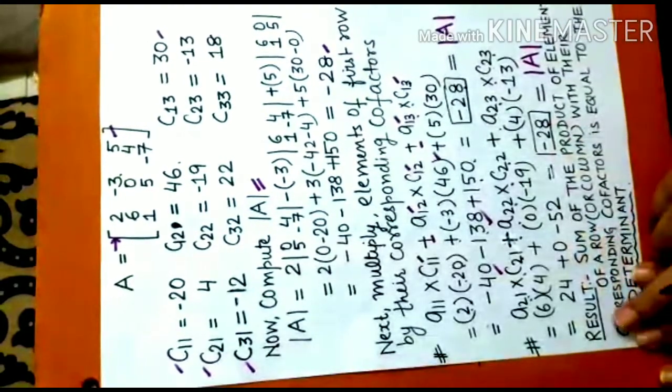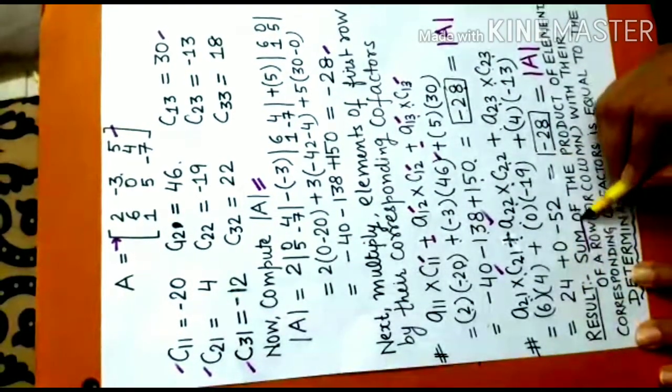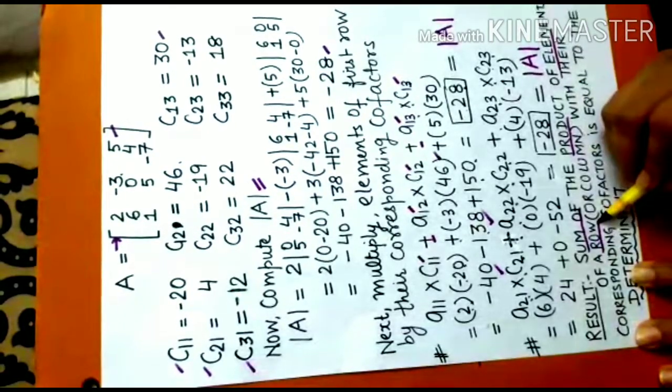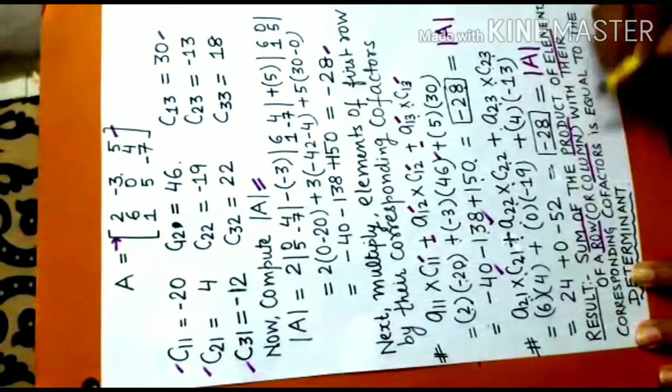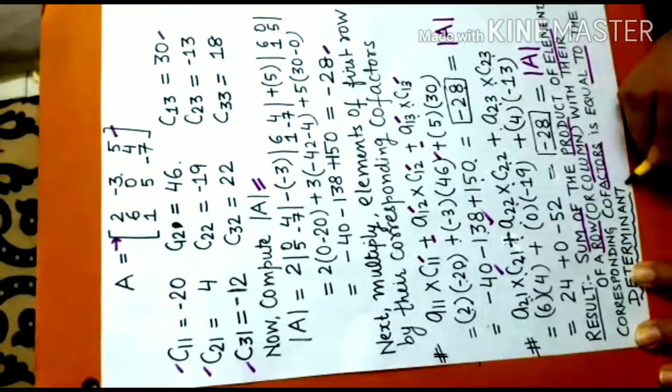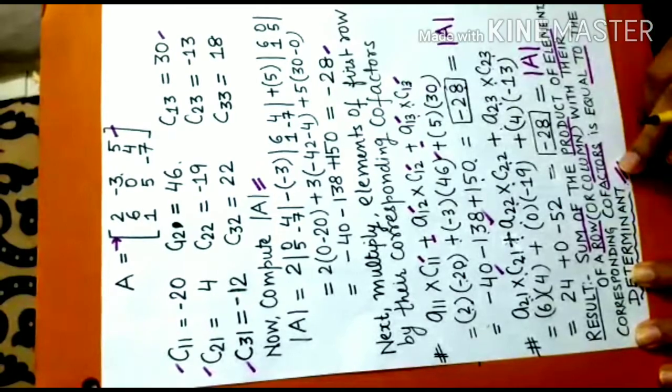So remember this: the sum of the products of the elements of a row or column with their corresponding cofactors is equal to the determinant of the matrix.